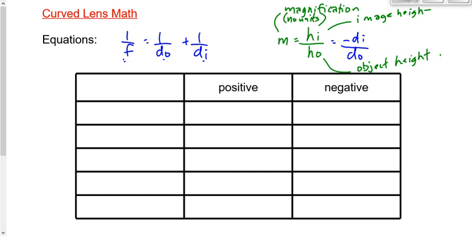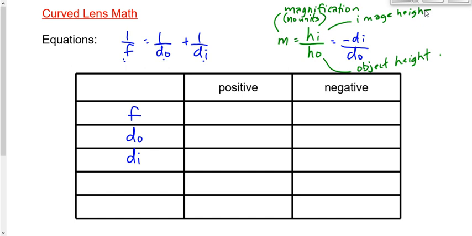All right, let's complete this table, which is going to give us our sign conventions for each of these variables. The reason I've colored these in this way, by the way, is because you're going to notice that for the blue variables, the sign convention follows a pattern.